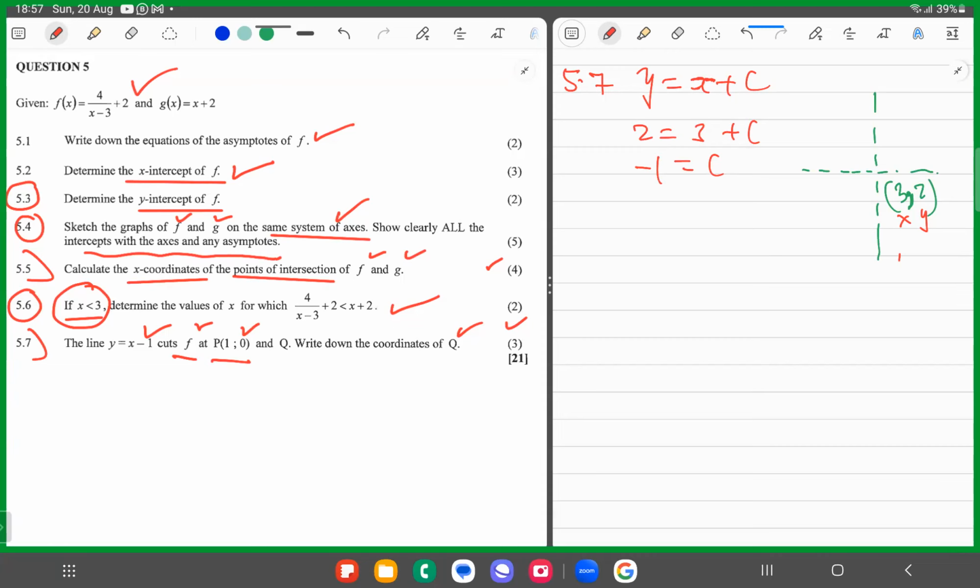So this line has x plus c, where c is -1.